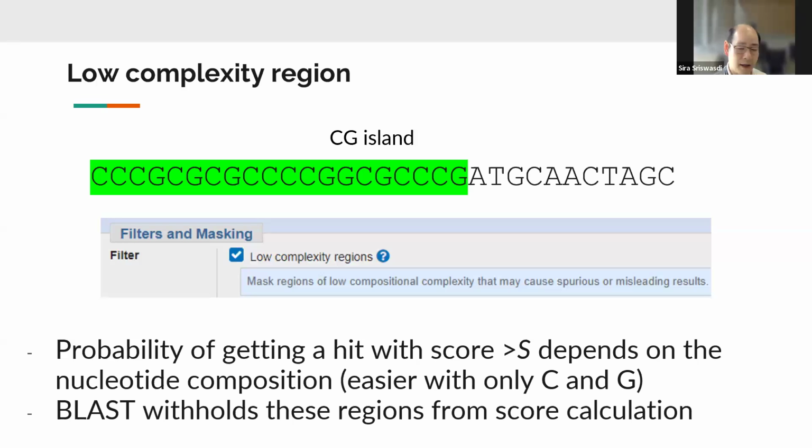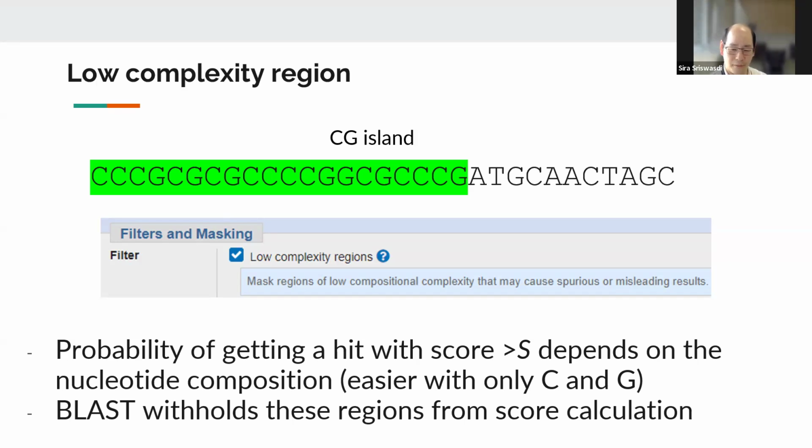You know that these have certain regulatory roles in the genome. In this region, it's very easy for you to find good matches because you will have C and G. Imagine if you have A, T, C, and G, it's only 1 in 4 that you can get a match. But if your sequence consists of only C and G, it's 1/2. You either get a match or you get a mismatch.